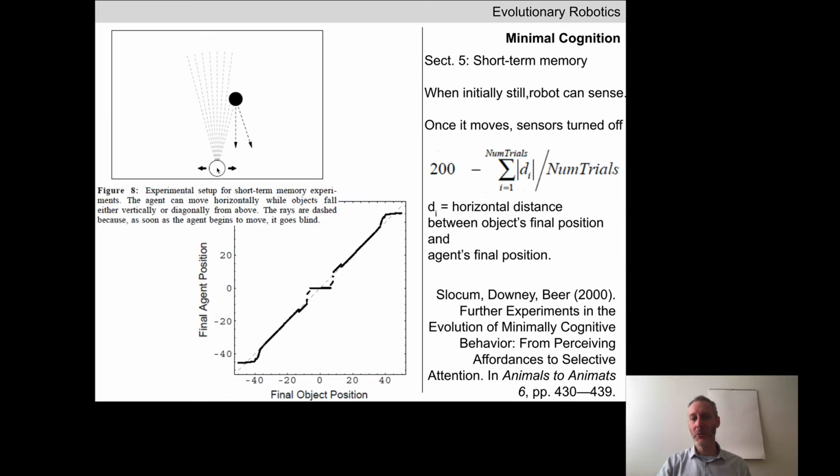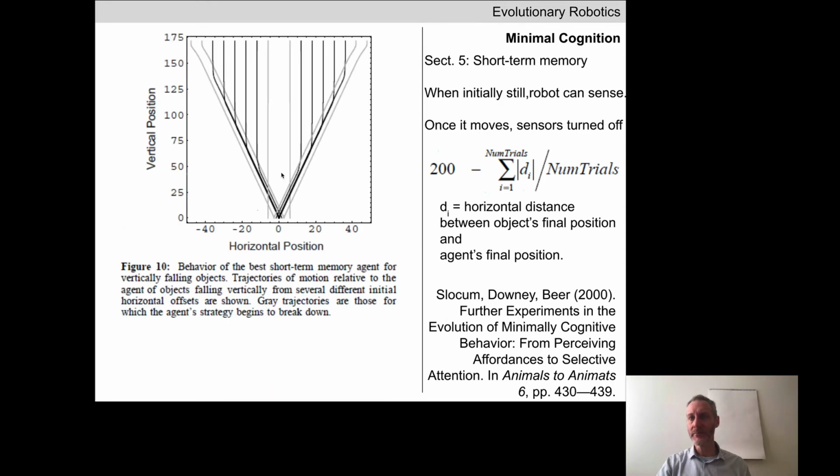Remember that I told you that when the robot starts moving, it can no longer see the object. Alex says the robot is moving and then waiting. Is the robot waiting? Does the robot move to where the circle is going to hit and then stop moving and wait for the object to hit the ground and catch the circle?